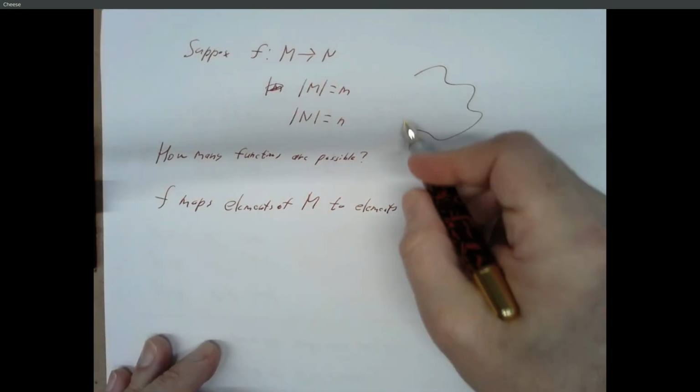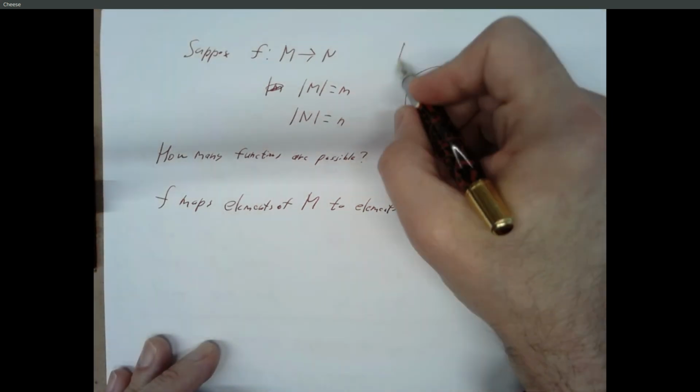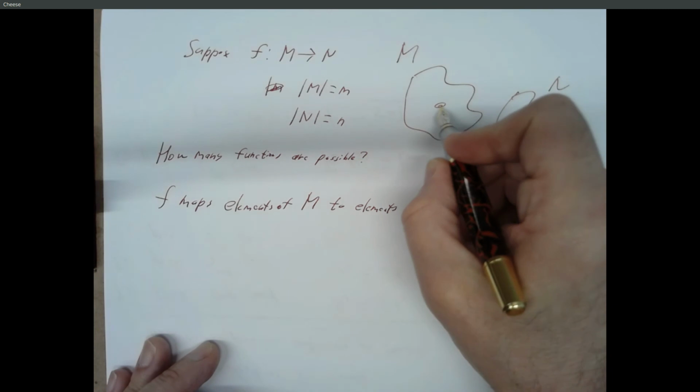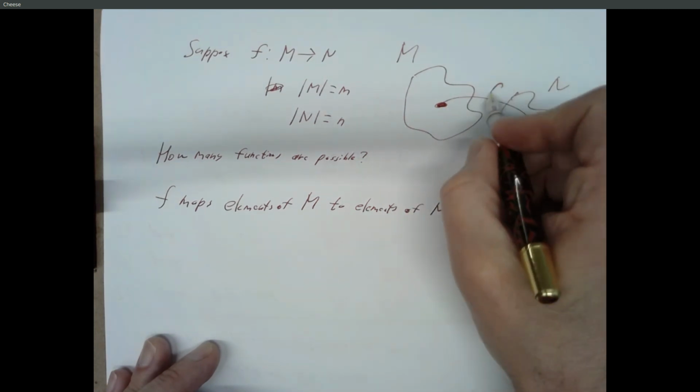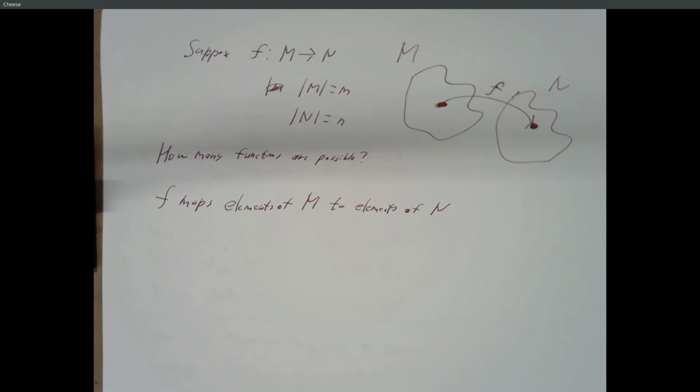So, squiggly bubble picture. There's M, there's N. Here's a point in M. Here's a point in N. f does that mapping. So how can we define a possible function from M to N? What do we have to do to define a function?